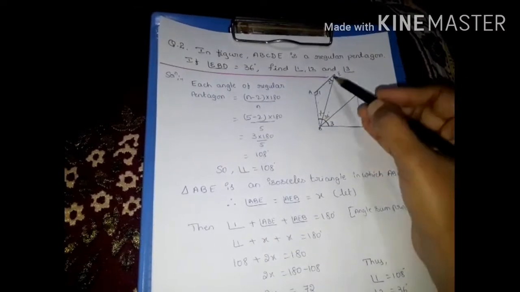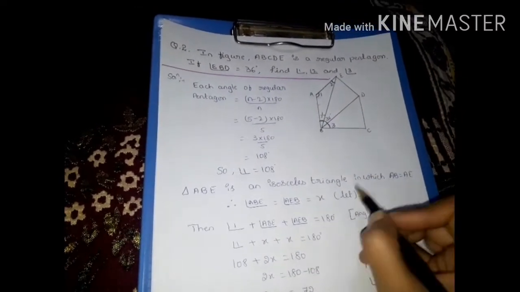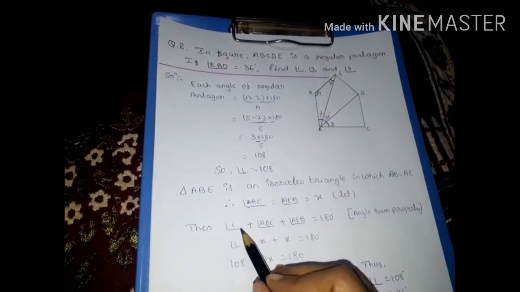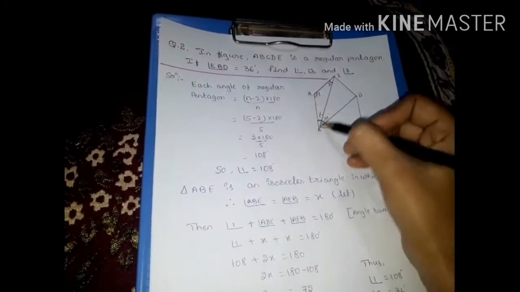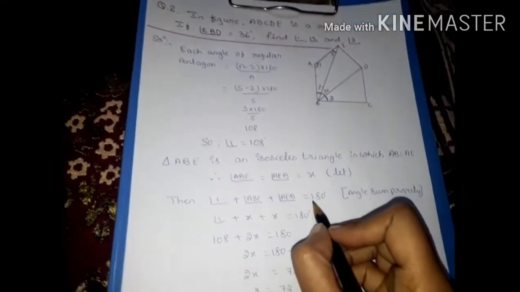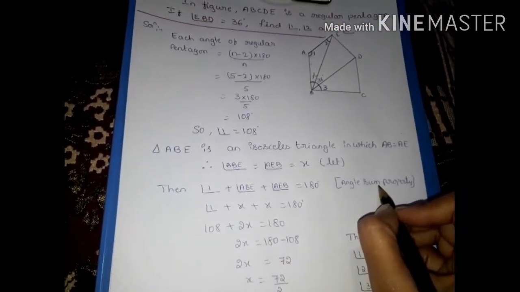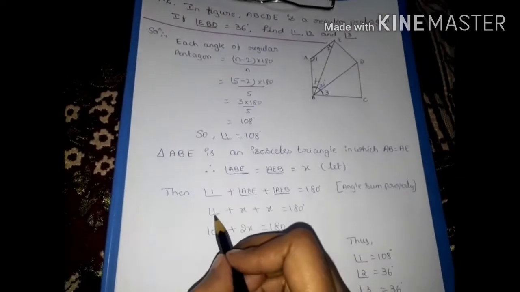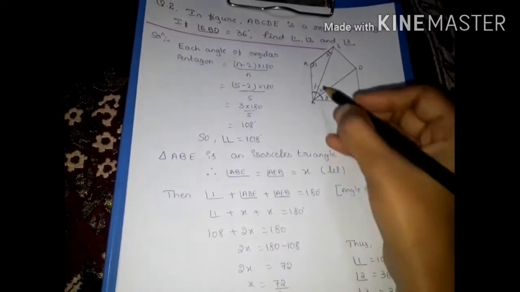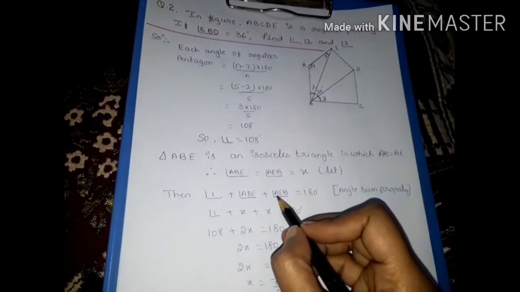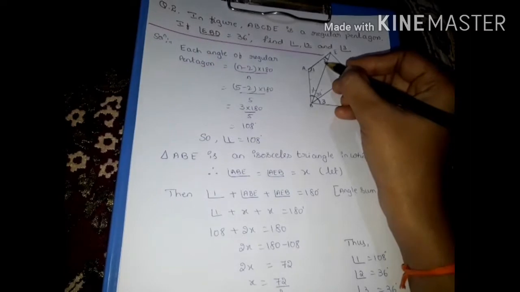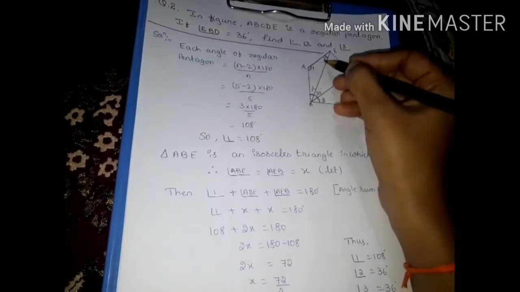Consider these two angles as x. Then by applying the angle sum property, angle 1 plus angle ABE plus angle AEB is equal to 180 degrees. Angle 1 write as it is, plus angle ABE we took as x, angle AEB also, angle 2 also we considered as x because these two are equal.